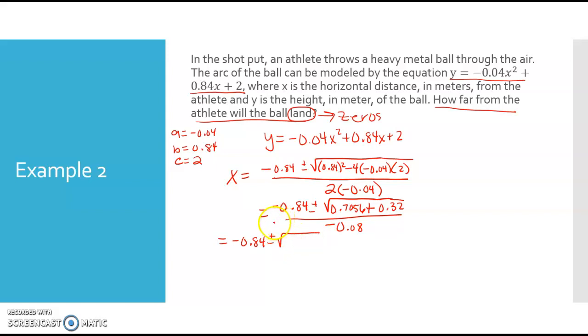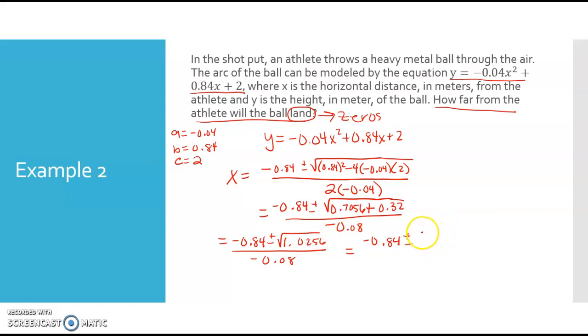Okay, now next one. Negative 0.84 plus or minus the square root, and 0.7056 plus 0.32 gives us 1.0256, all over a negative 0.08. We get a negative 0.84. I'm going to take the square root and approximate it. I'm going to round to 3 decimal places.